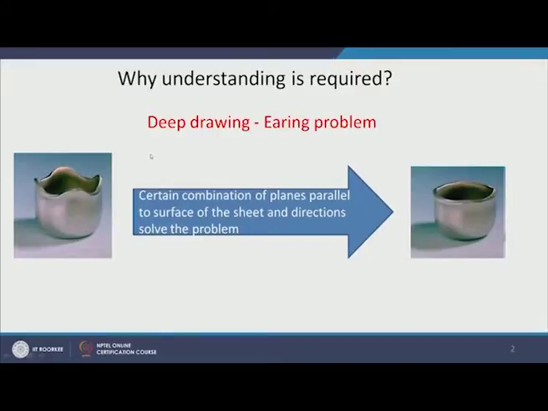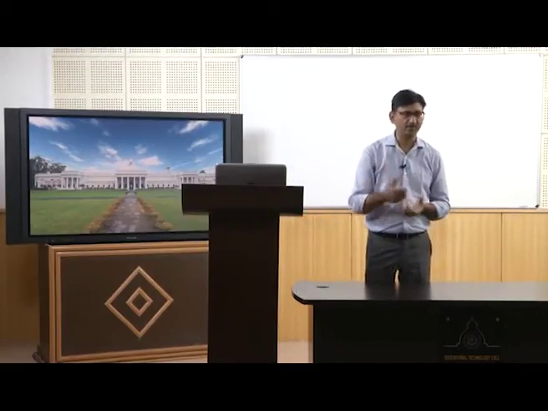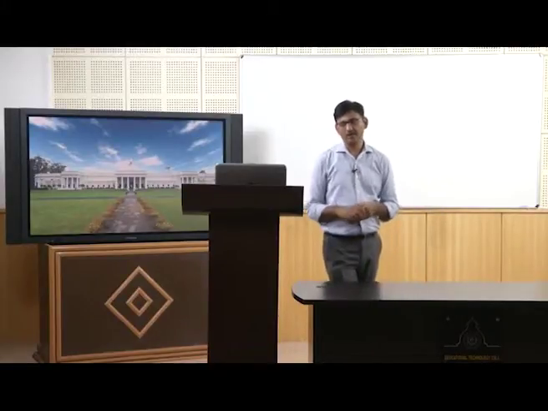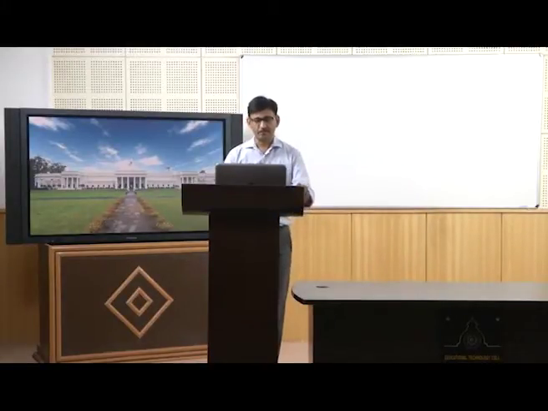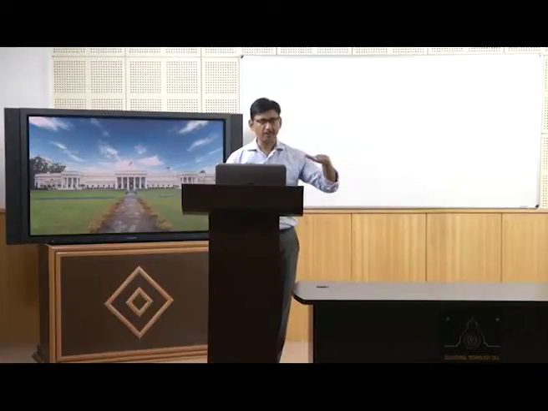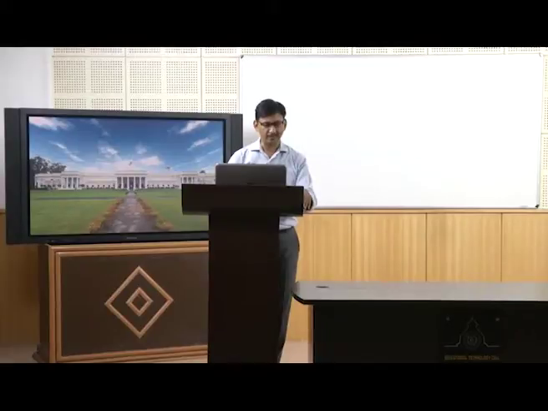If you want to make a can, for example beverage cans, the Coca-Cola or Pepsi cold drink cans, these are all made by the deep drawing operation. Depending upon which type of planes are parallel to the surface and what kind of directions are there, you will get a certain problem, which is called the earring problem.